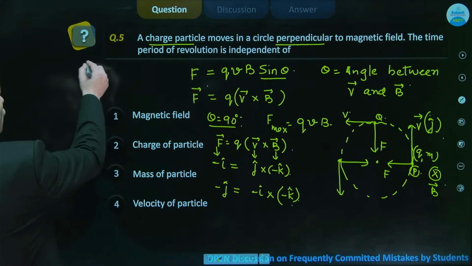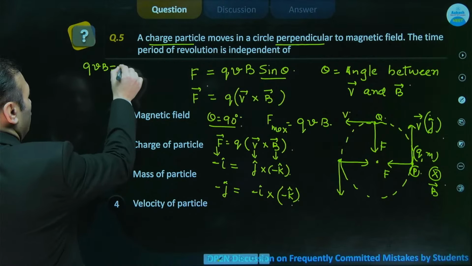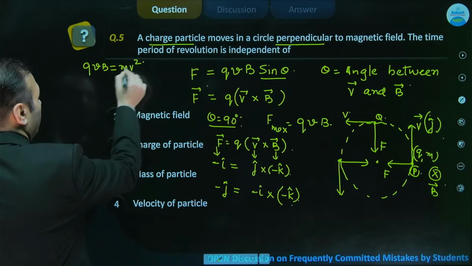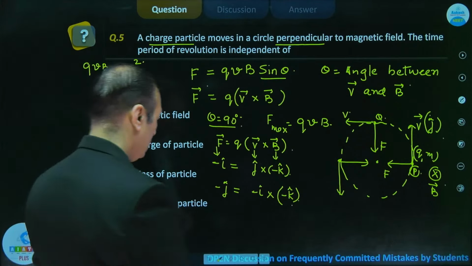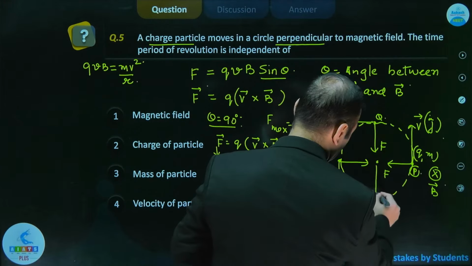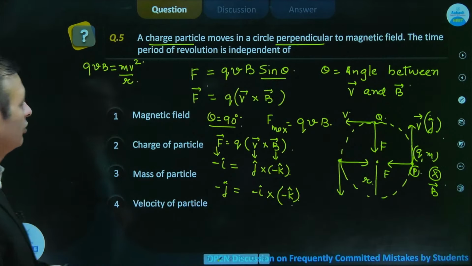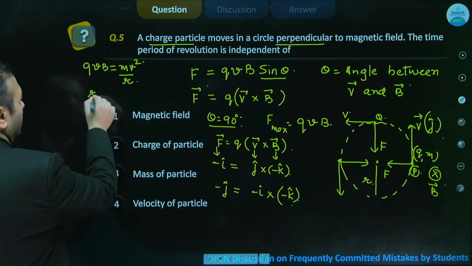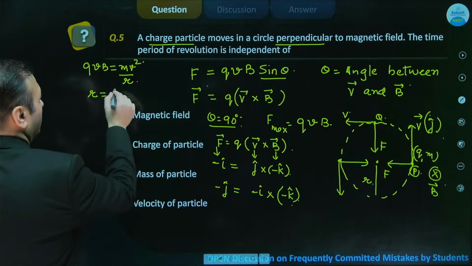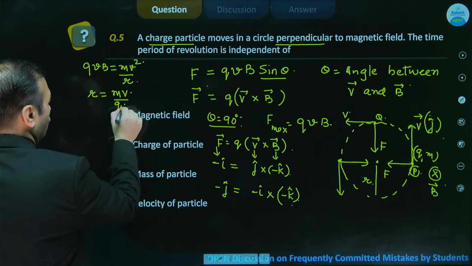So this force QVB provides you necessary centripetal force mv square by r, where m is the mass, and now we'll keep r as the radius of this circular path. Got it? So we'll have the expression for r from this, and this is mv by qB.